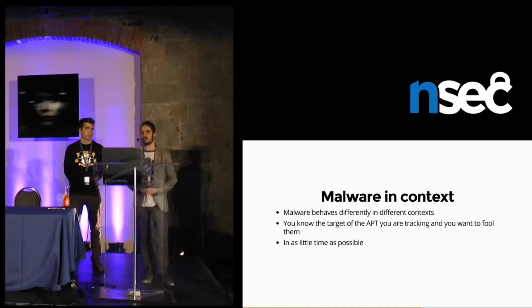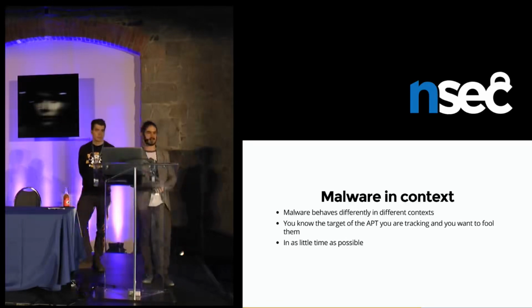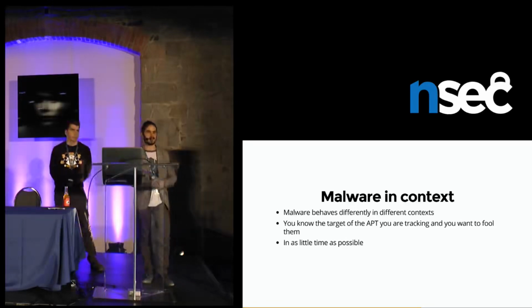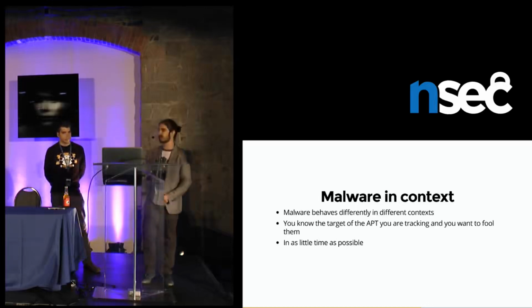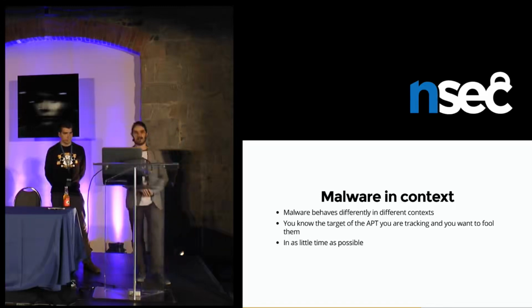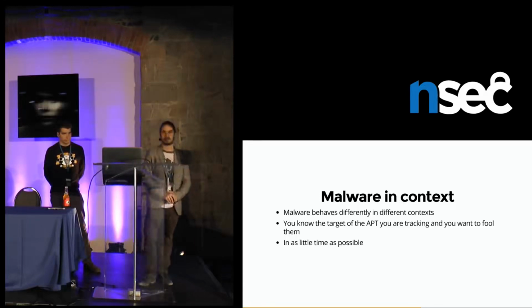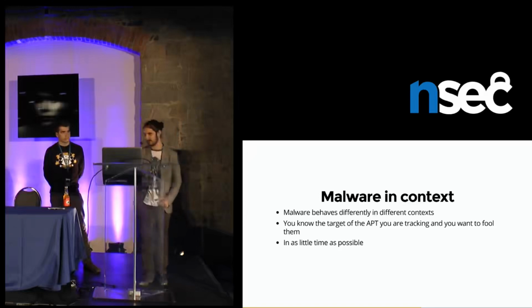You want a VM that looks like an employee of a Russian company or government or something like that. So you want to put your malware into context, and when the bad guys arrive, they just see smoke, and they're basically, oh yeah, that's the one we want to be on, so we're going to put stage 2 on that, and then you get another sample, and your research is better. And do that in as little time as possible.